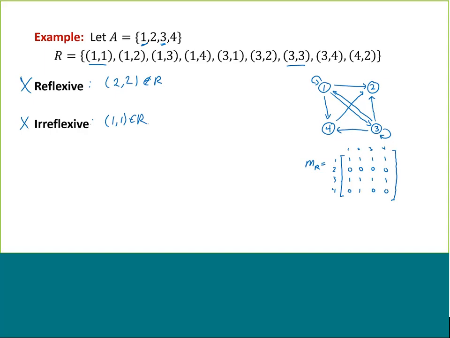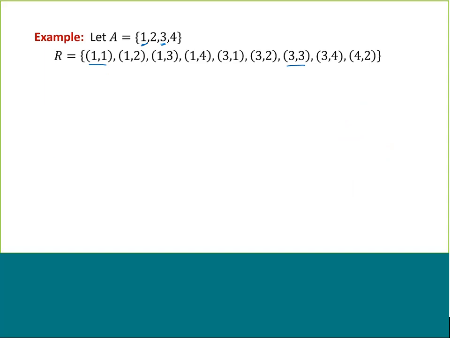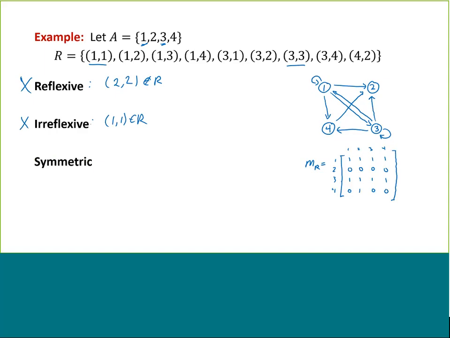Now, moving on to the next ones. Symmetric was the last one for this picture slide. So for symmetric, any guesses if this is going to be symmetric? And since we've got space, I'm going to go ahead and put all of the answers on here.